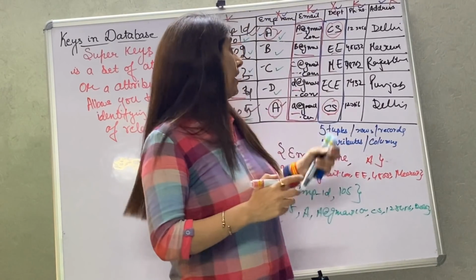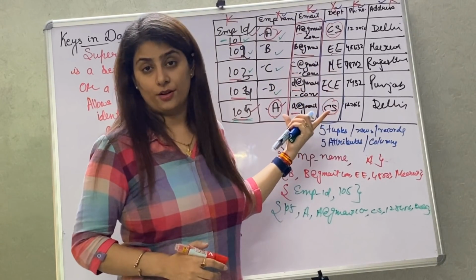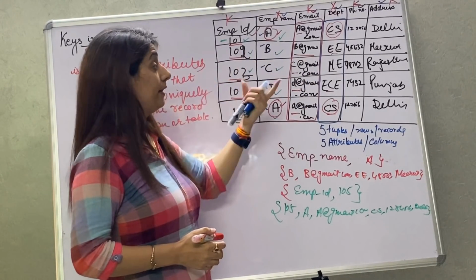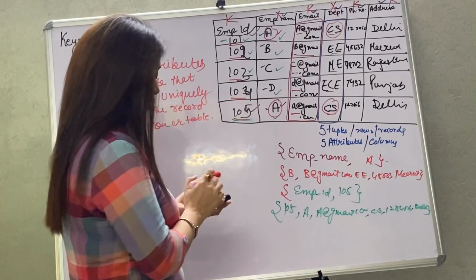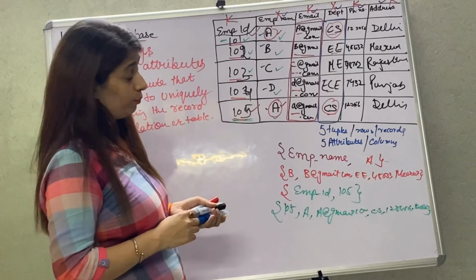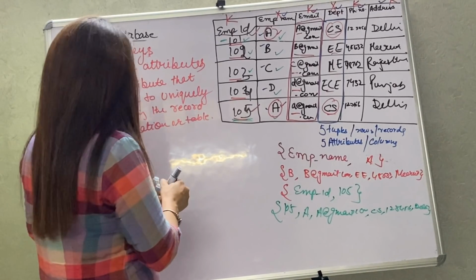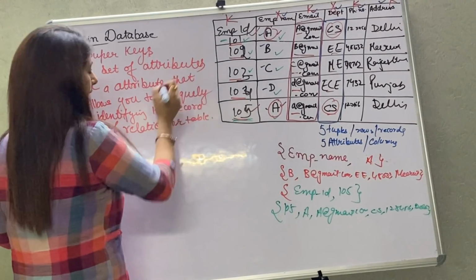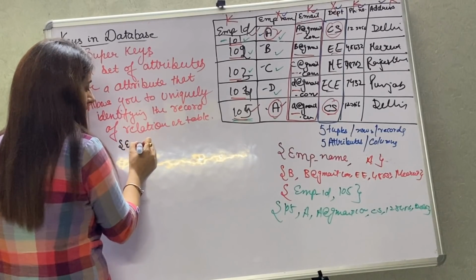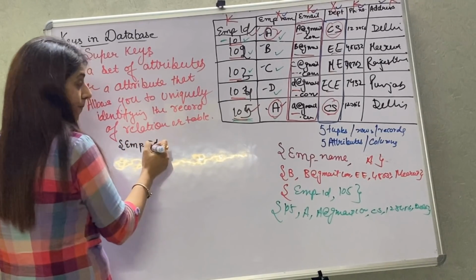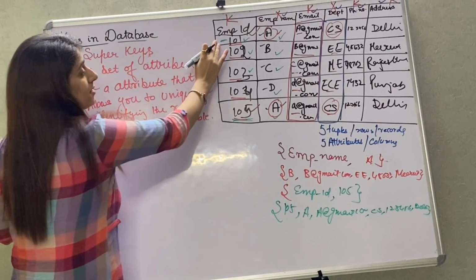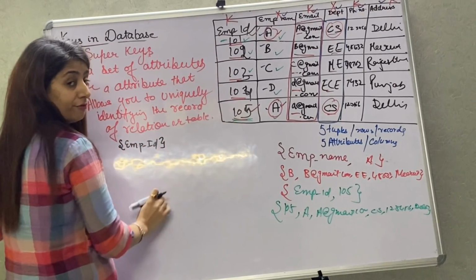If we take this relation here, let's see the super keys now. Here I have employee ID, which is a super key because it uniquely identifies.